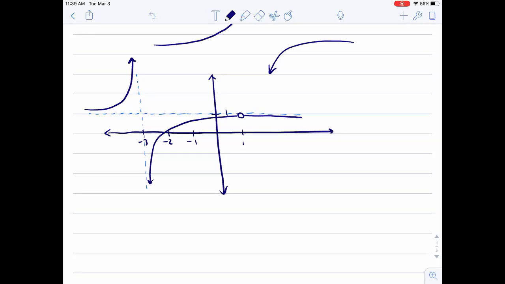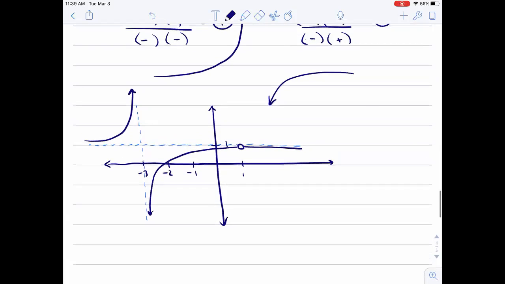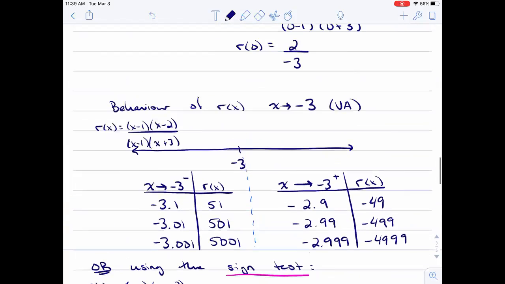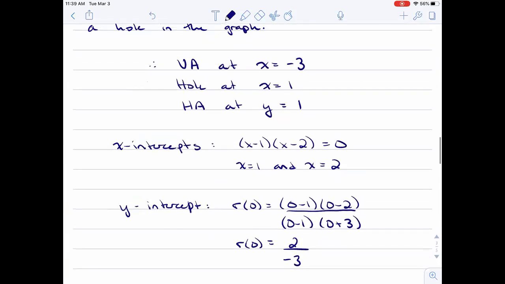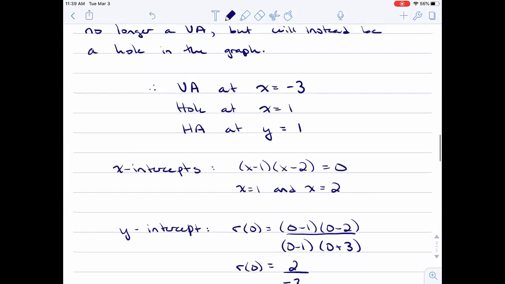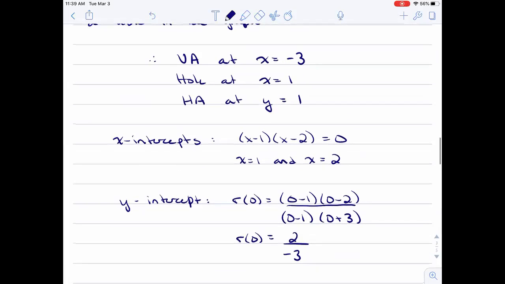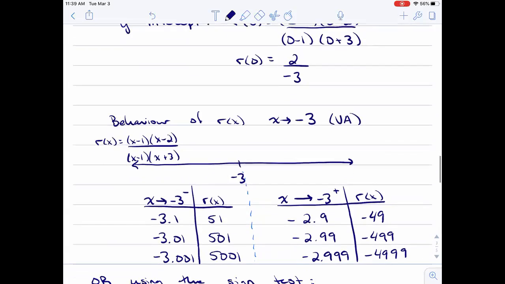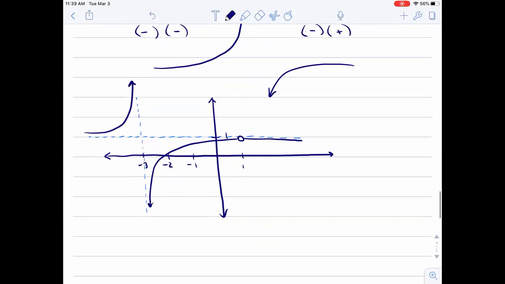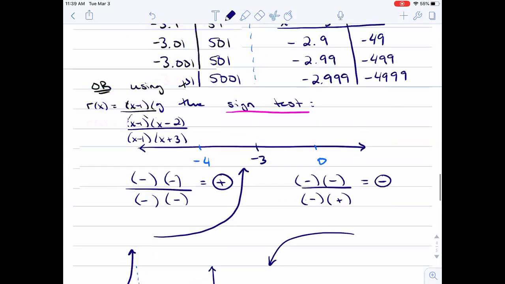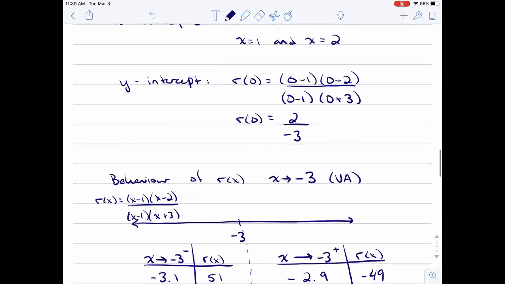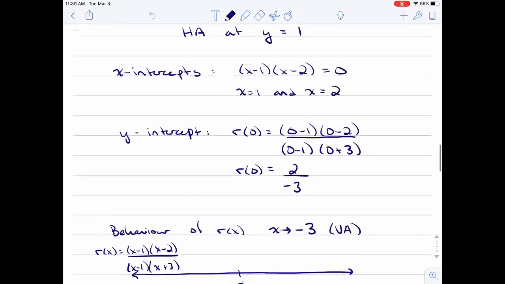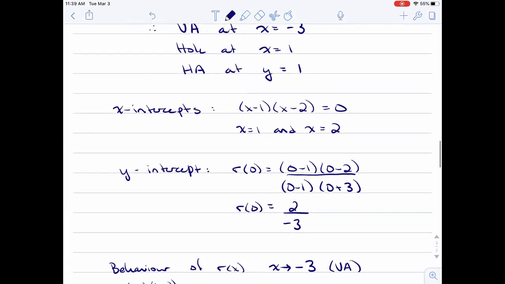Oh, I forgot one thing, didn't I? My x and my y intercepts. x equals 1 and x equals 2, and a y-intercept at 2 over... How's that going to work? The y-intercept, x-intercept.